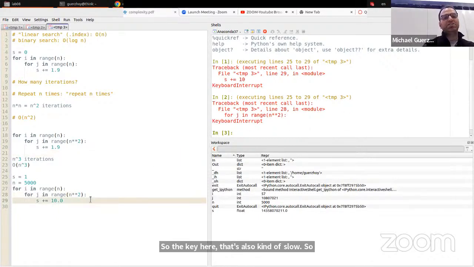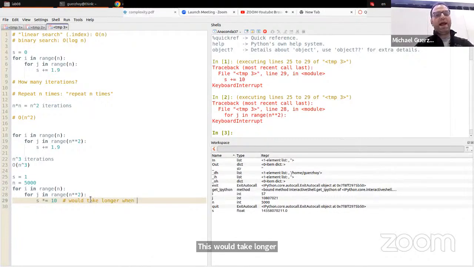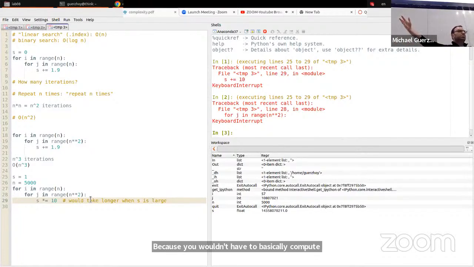So the key here is that if this is integer multiplication, this would take longer when s is large, because you would have to compute a larger result.